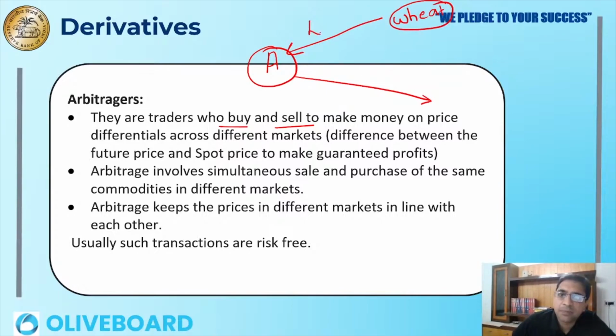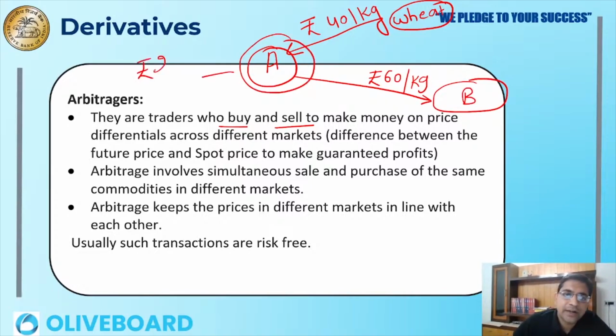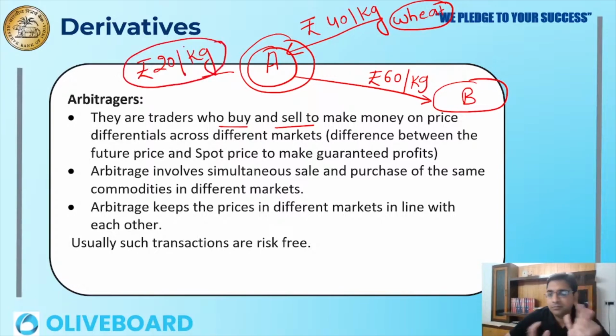If I take wheat at rupees 40 per kg, and at the next place I sell the same wheat at rupees 60 per kg to someone else, B, how much profit am I making? Rupees 20 per kg. Here I am buying and selling at the same time, and the price differential is going to be my profit. Okay.